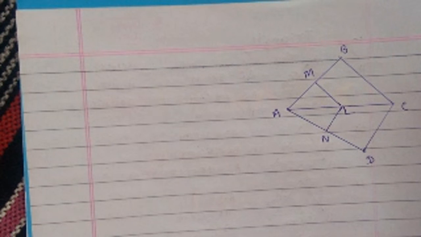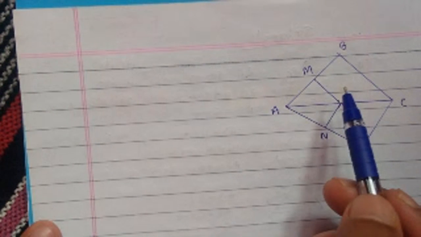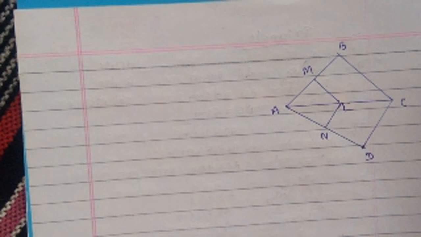Okay, this is known as corollary of Thales' theorem. If one line is parallel to another side, then the other two sides are divided in the same ratio, that is Thales' theorem. If two sides are divided in the same ratio, then the drawn line is parallel to the other side of the triangle, that is the converse. We are using the converse of Thales' theorem.